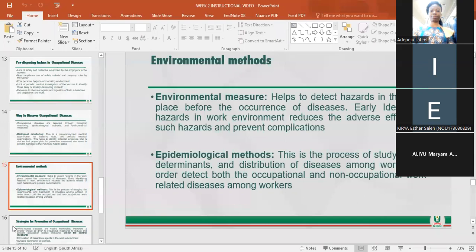How is it being distributed? And the environment is another measure. To help detect hazards in the environment, we want to find out the occurrences of disease. Are there diseases going on in this environment? We want to identify them early in order to reduce the adverse effect of such danger or disease.